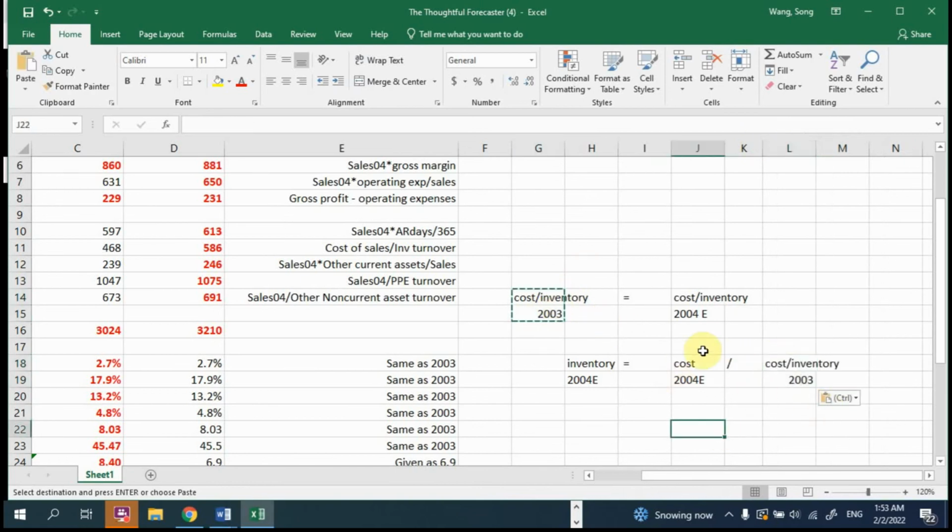That's basically math. When you're solving for the denominator here, which is your inventory of the pro forma year, we should use the cost of sales in the pro forma year divided by the ratio.